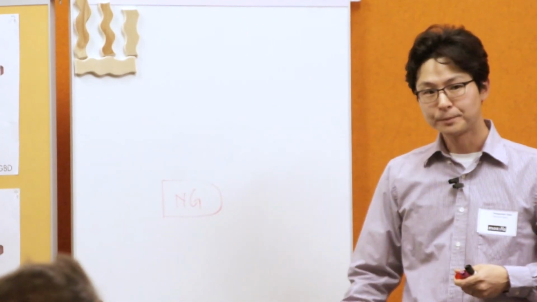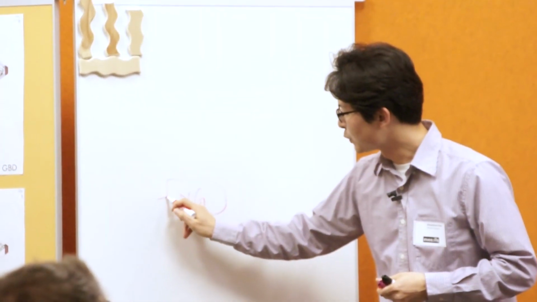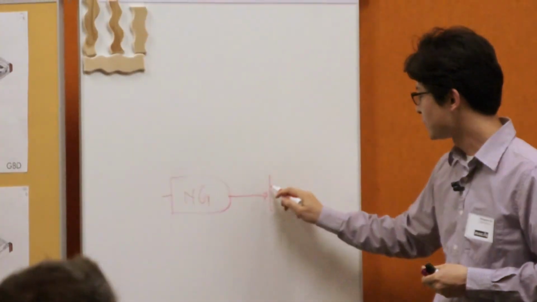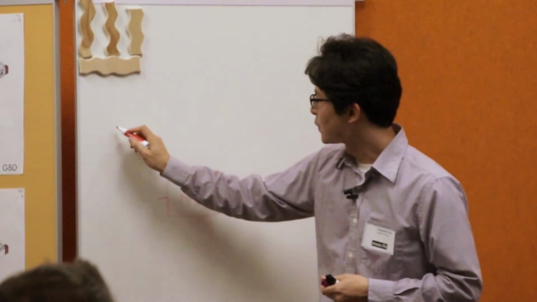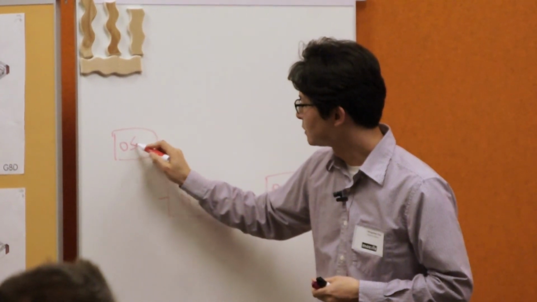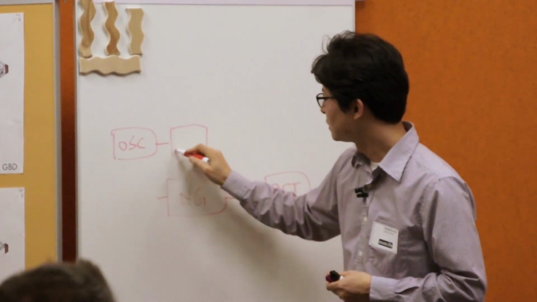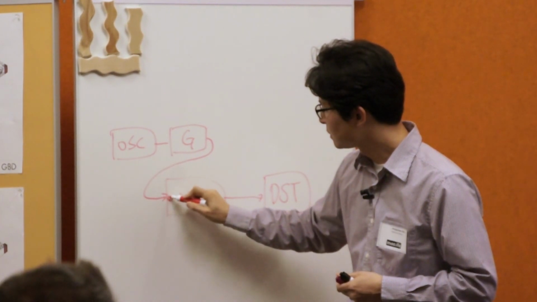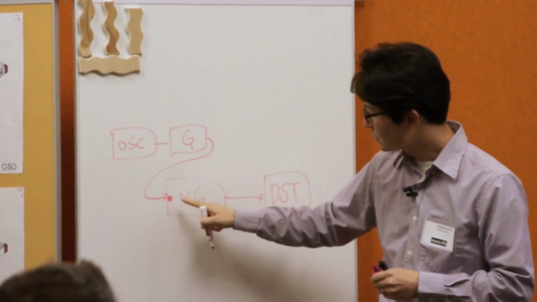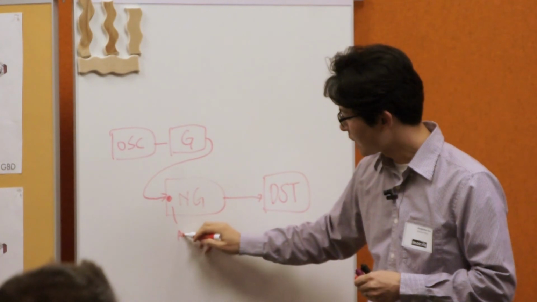So the noise generator has one AudioParam, and this is going to the destination. Also, I'm creating an oscillator with the gain node, and this is going to here. And I believe this AudioParam is named amplitude, right?